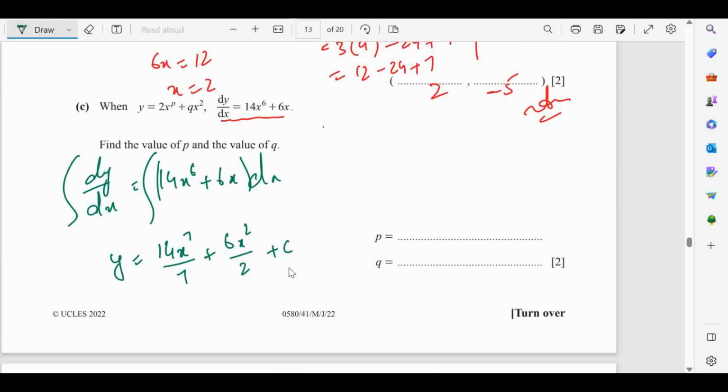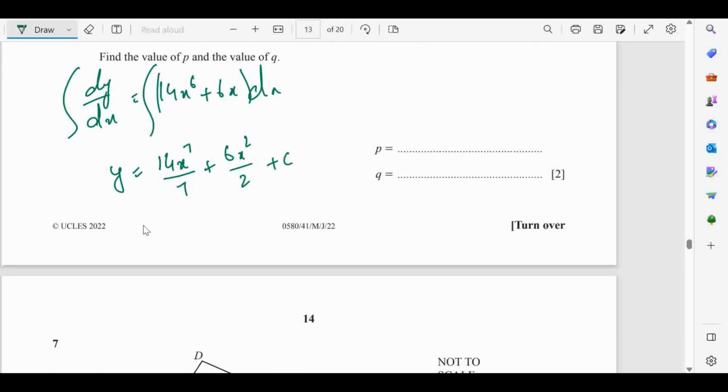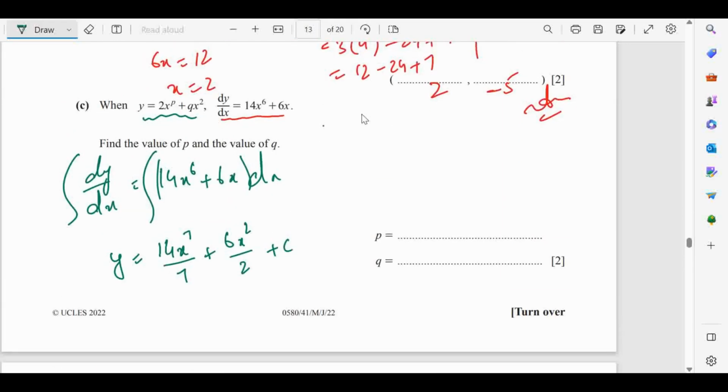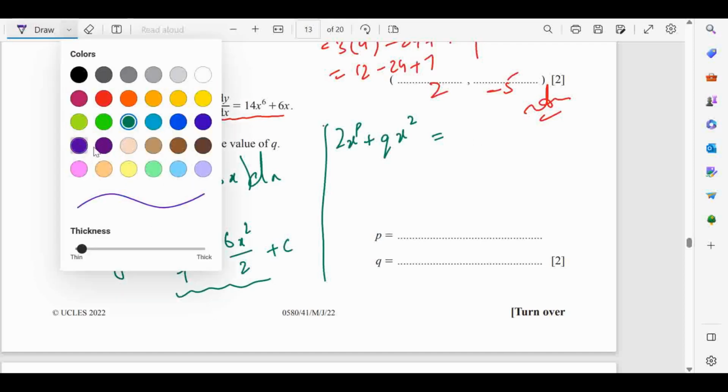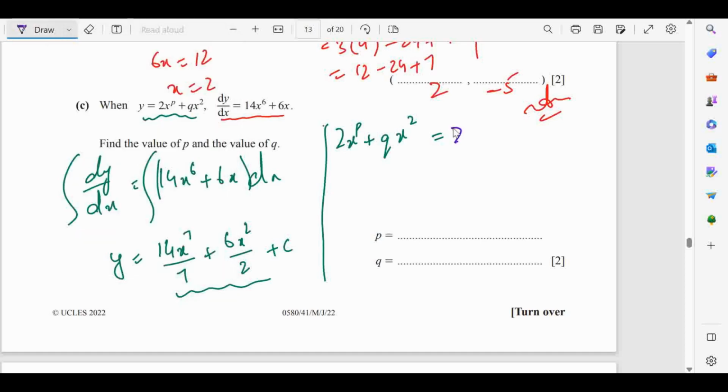And if we put the value of y in this one, let me write it over here, this will become 2x power p plus qx power 2 is equal to, if we simplify it further, 2x power 7 plus 3x power 2 plus c.